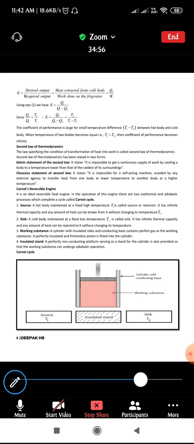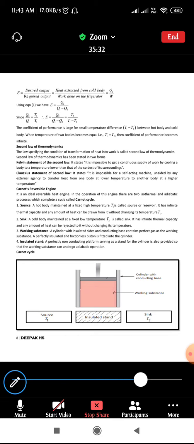In a similar way, consider how the refrigerator works. Inside the refrigerator, the temperature will be very low compared to the surrounding temperature, right? Correct. So in order to maintain the temperature inside the refrigerator lower than the surrounding temperature, you need to do some work.